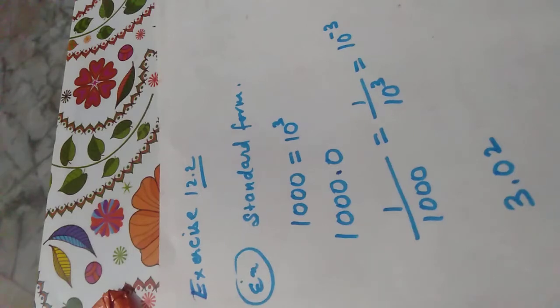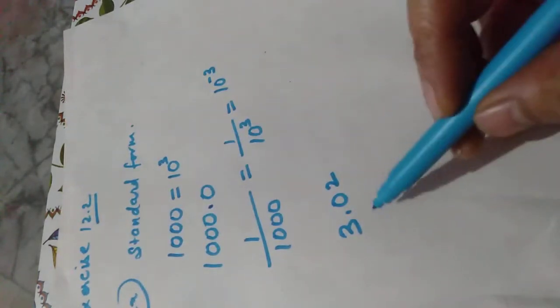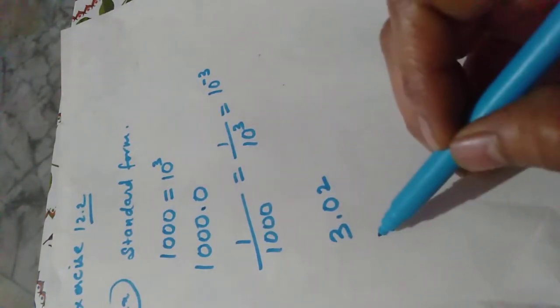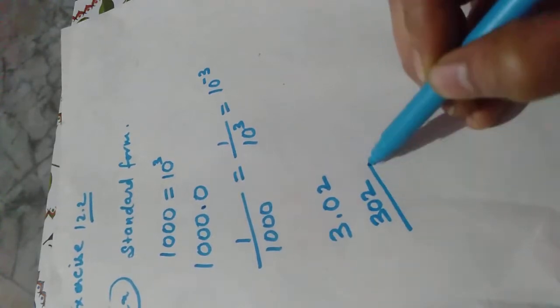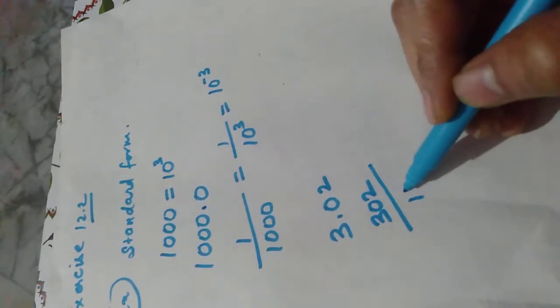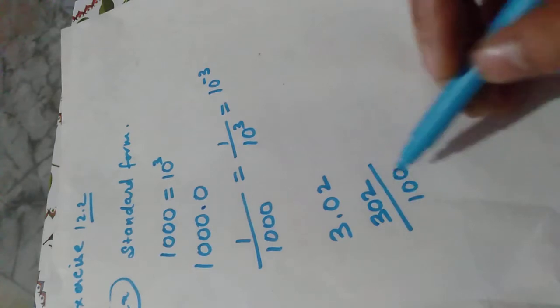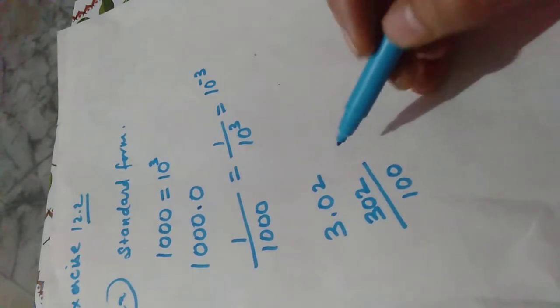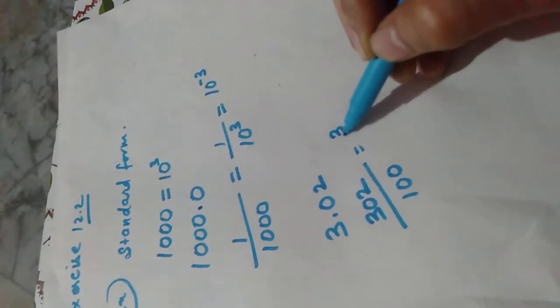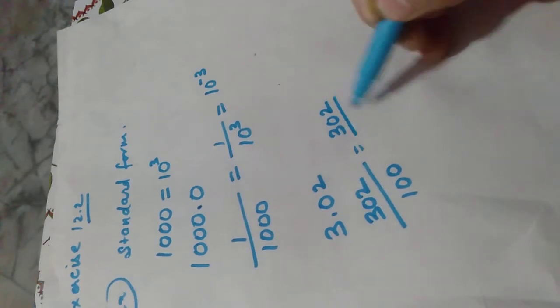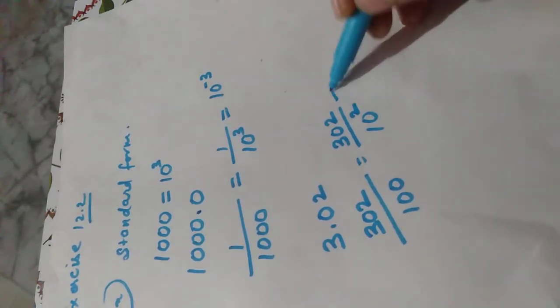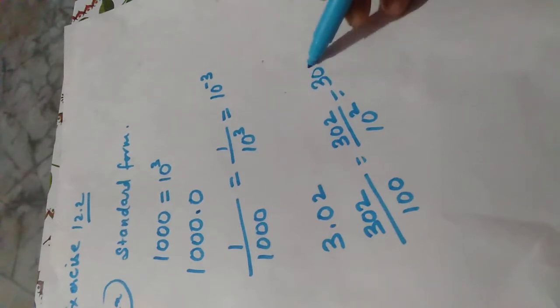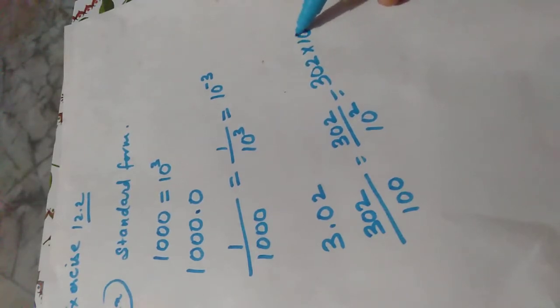Now again see, suppose this number 3.02 is there. Now 3.02, this means that when we express this number in the fraction form, then this is 302 upon 100, or 302 upon 10 square, or 302 into 10 to the power minus 2.